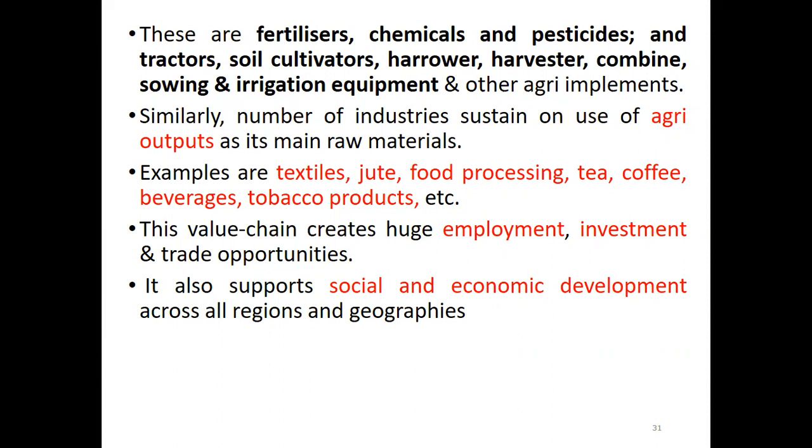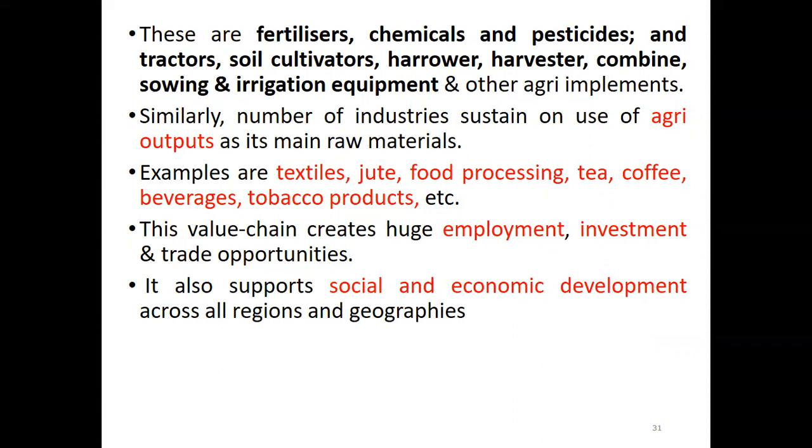This value chain creates huge employment, because the textile industry is also creating employment. In food processing units, labor is required, technology is required, and inputs are required. So value chain activities are also creating employment, and give scope for investment and trade opportunities.